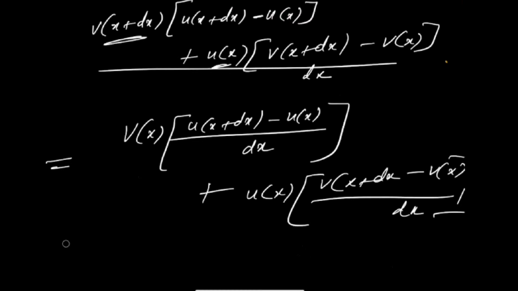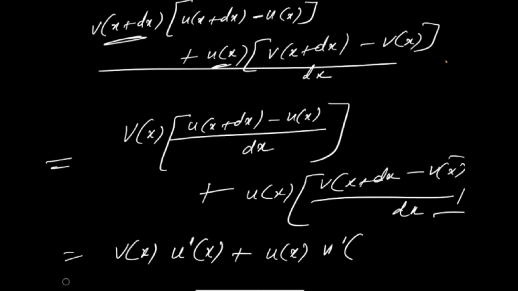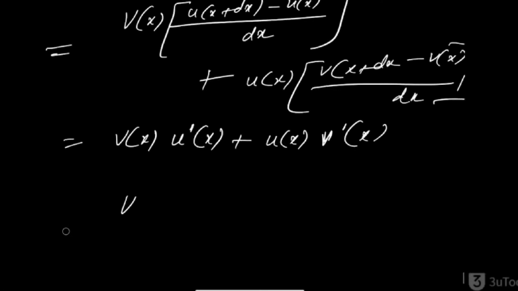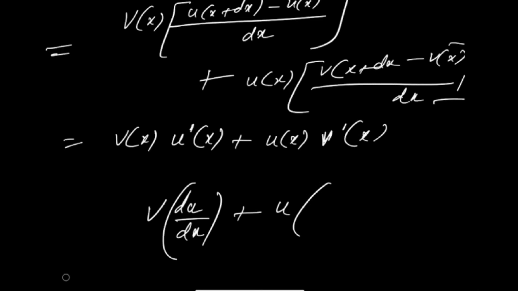So here it is v of x, and by the fundamental theorem of calculus, this is u dash of x plus u of x into v dash of x, correct? Basically, rewriting it, it is v into du by dx plus u into dv by dx.